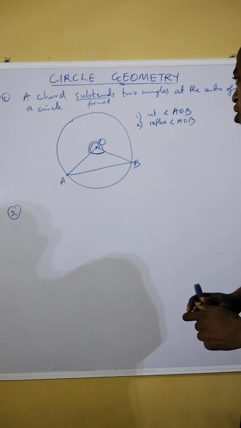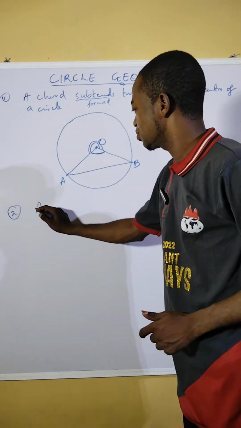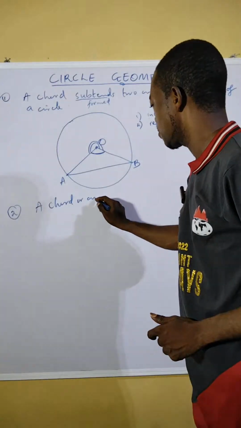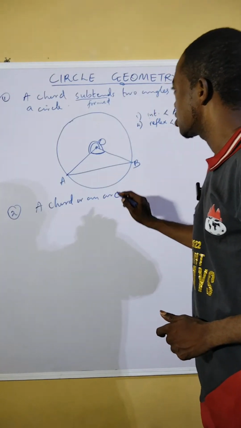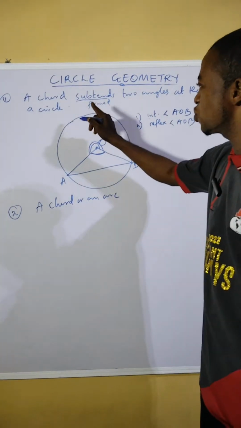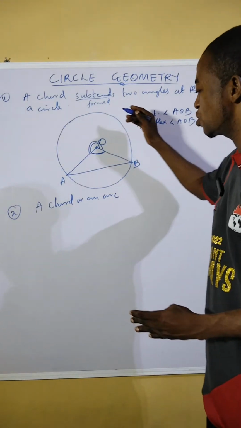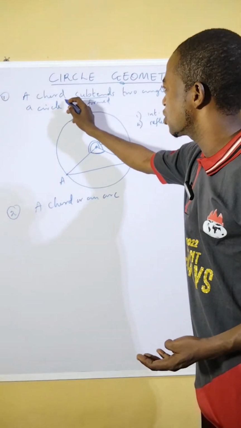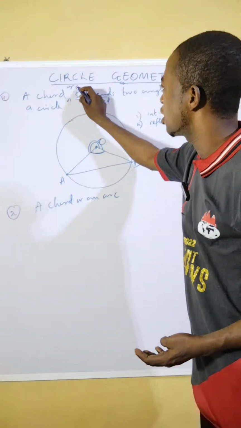And the second one is also a chord or an arc. In this case, it is not just a chord but might also be an arc.